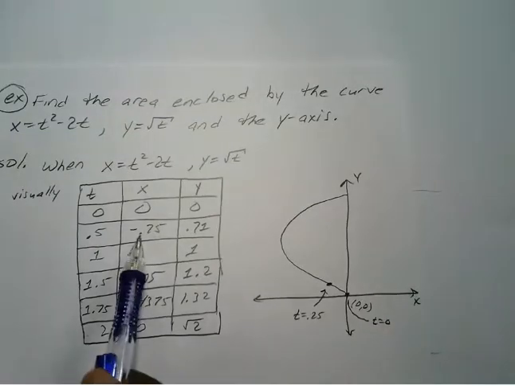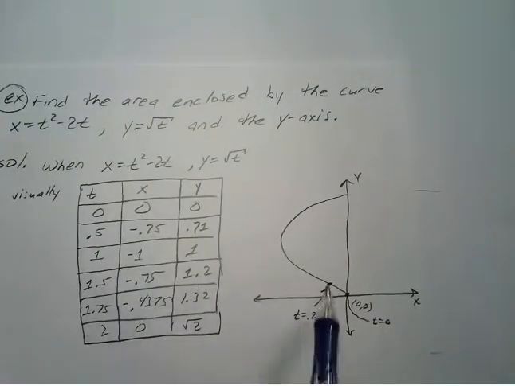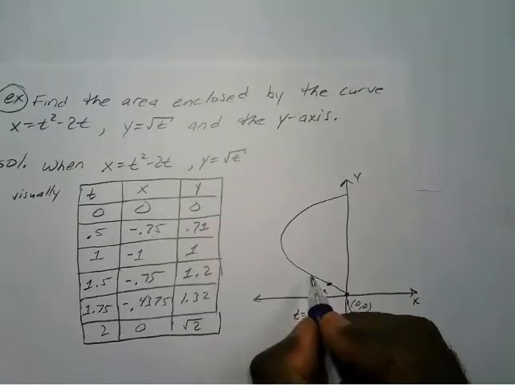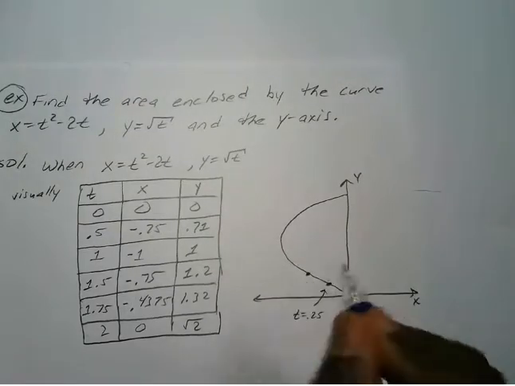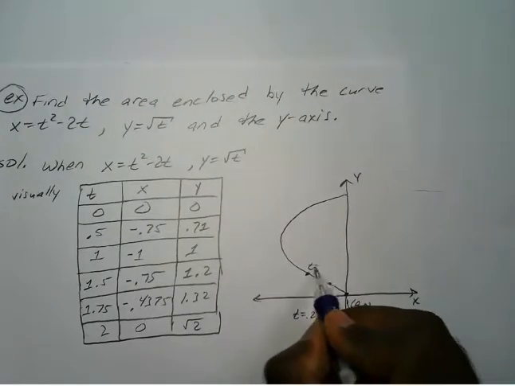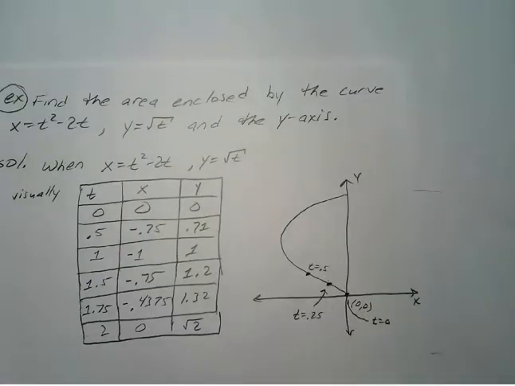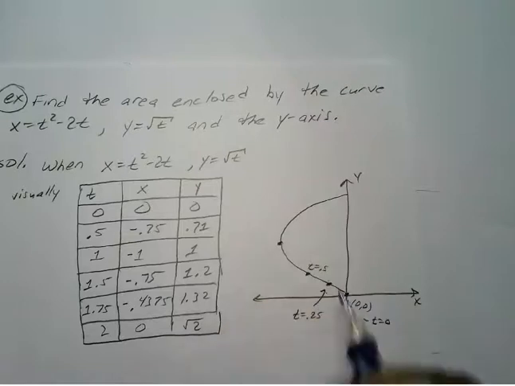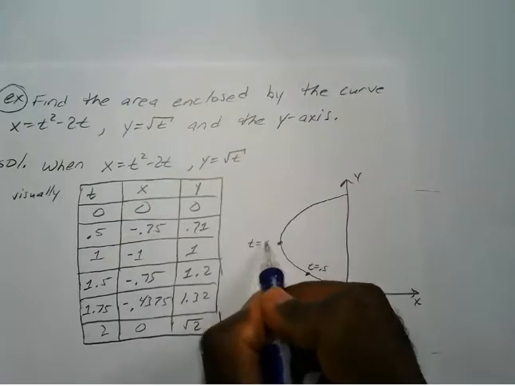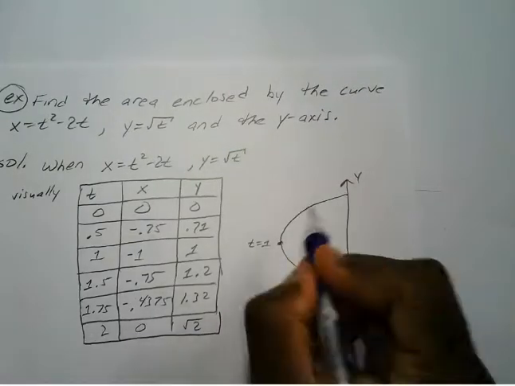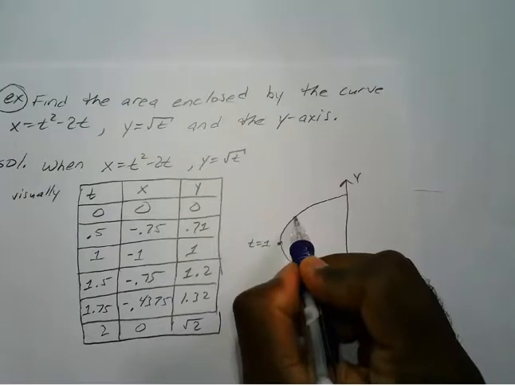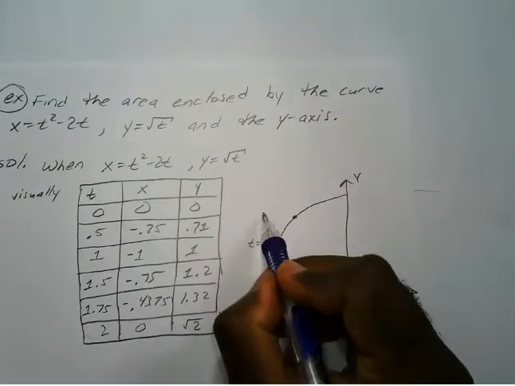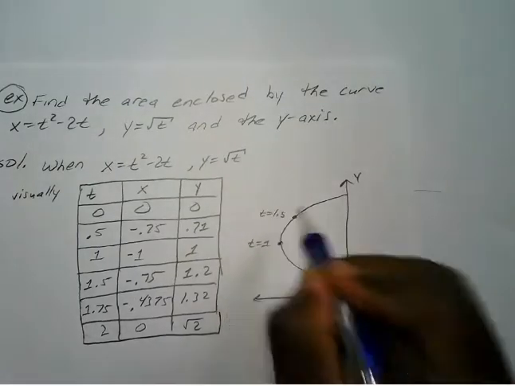Remember, that's your negative 0.75 and your positive 0.71. That's about where t equals 0.5 would be. And t equals 1 would be right around the end there. And t equals 1.5 would be around there.